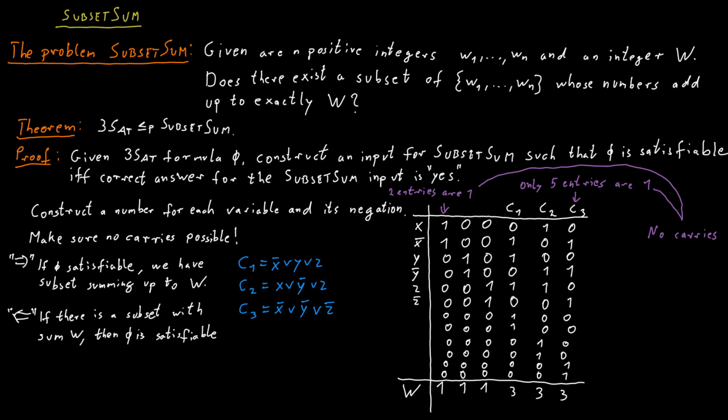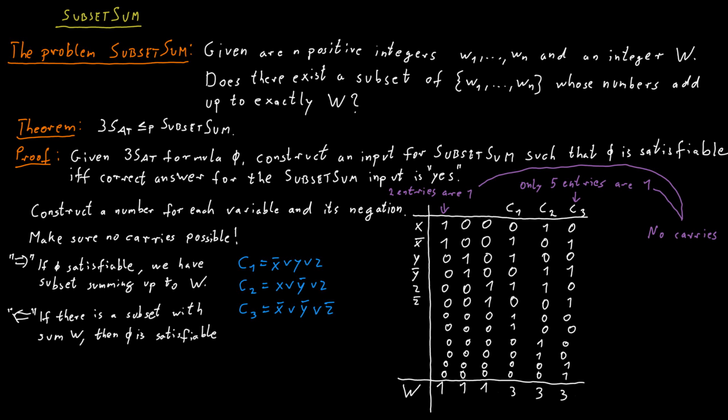And then we also know that we will satisfy all the clauses, because for the columns that correspond to the clauses, I could have picked at most 2 of the dummy numbers, because there are only 2.